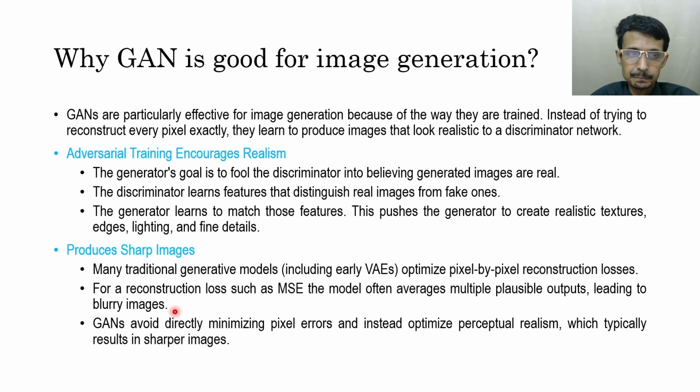This gives blurred images. But GANs avoid directly minimizing pixel error. Instead, they optimize perceptual realism, which typically results in sharper images. So GANs perform better for generating more realistic images.